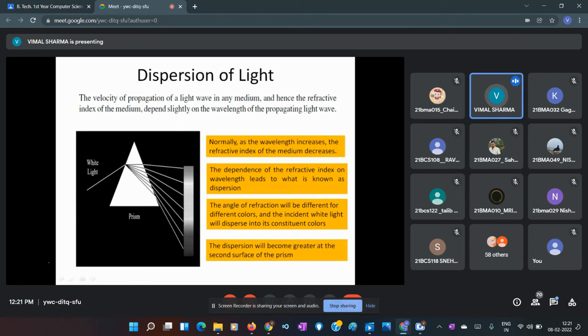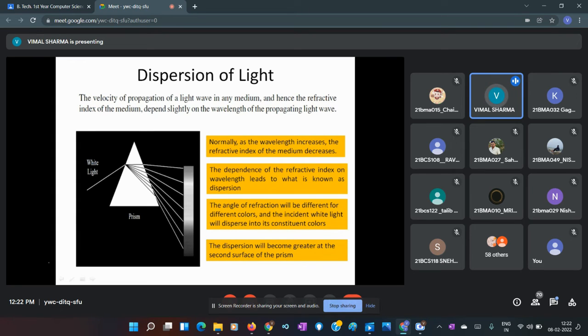Then another phenomenon you have seen is dispersion of light. We are discussing this because it is also due to the refractive index. The refractive index of the medium is different for different wavelengths. That's why it is important to send monochromatic light through the optical fiber.